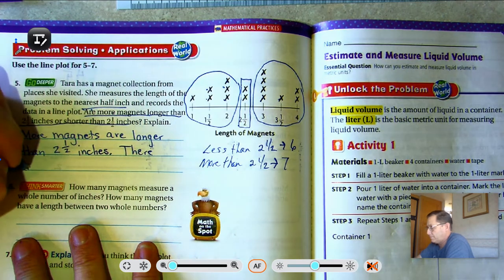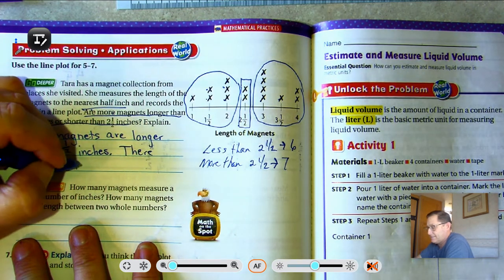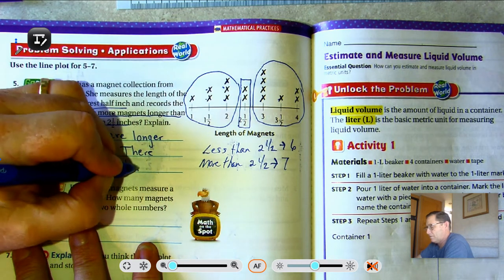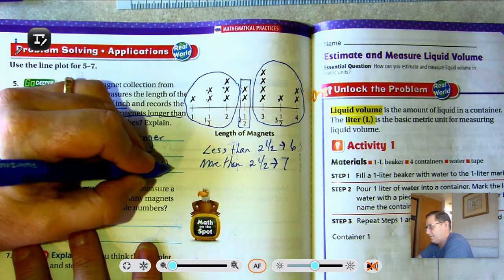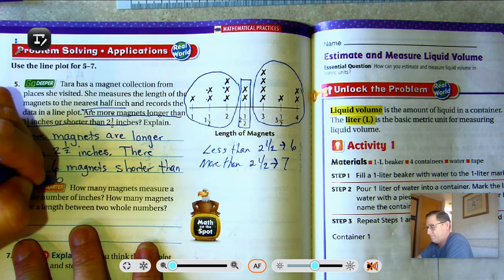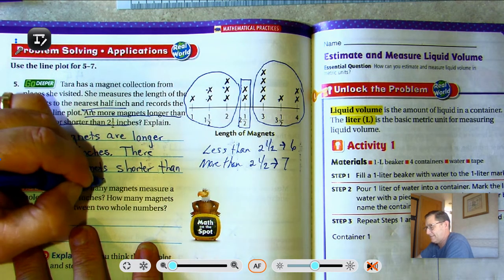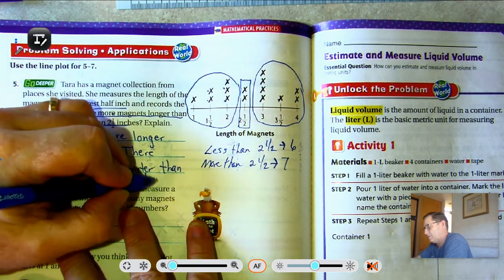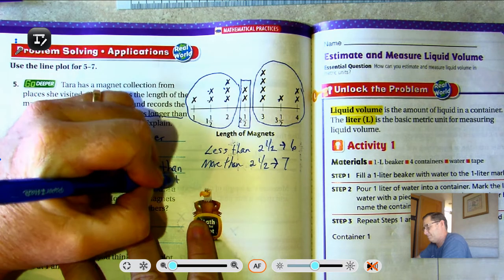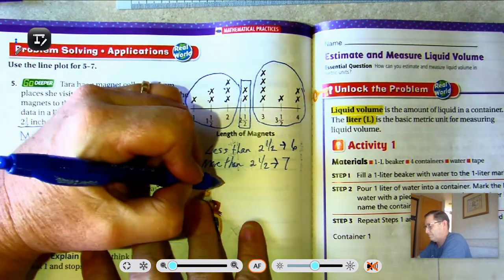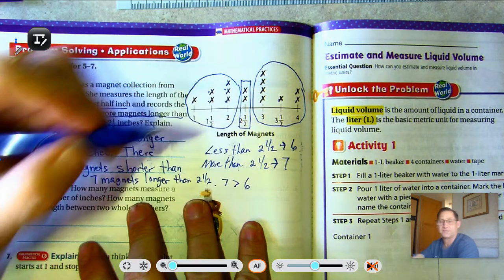There are 6 magnets shorter than 2.5, but 7 magnets longer than 2.5. 7 is greater than 6.